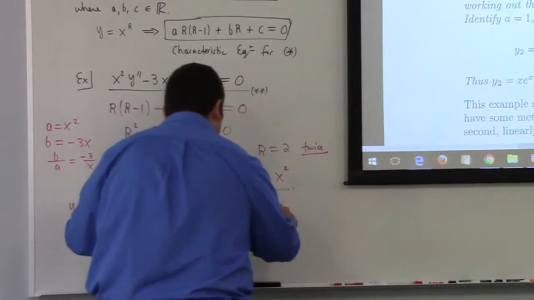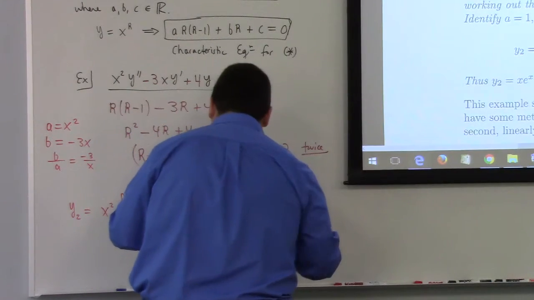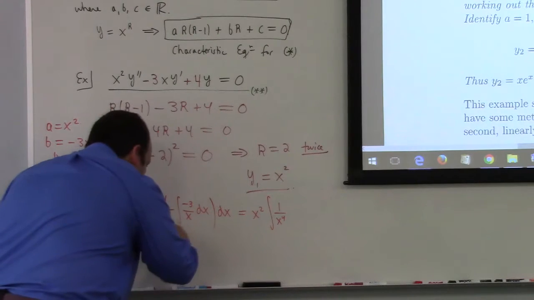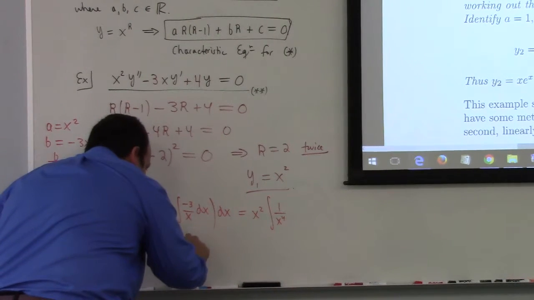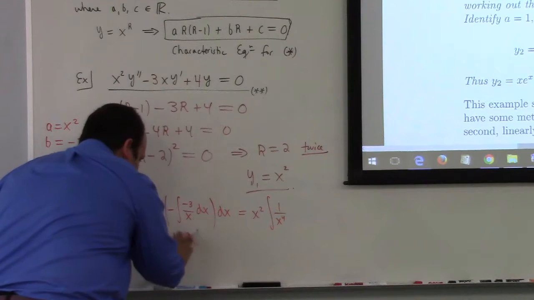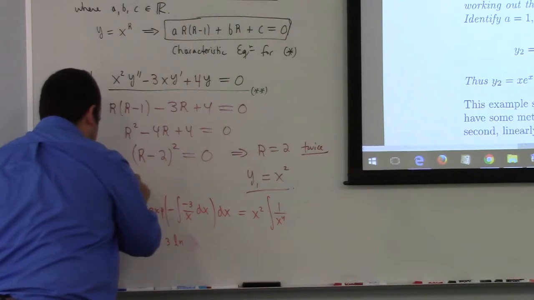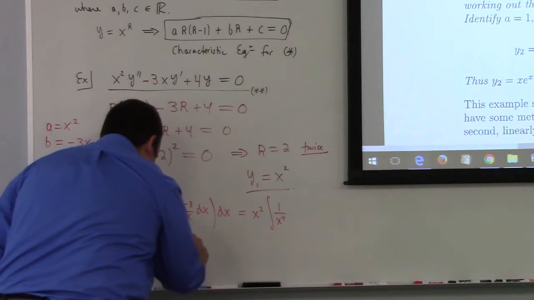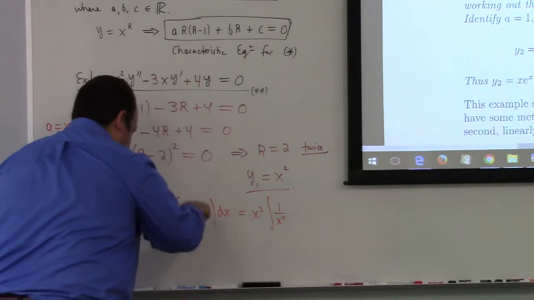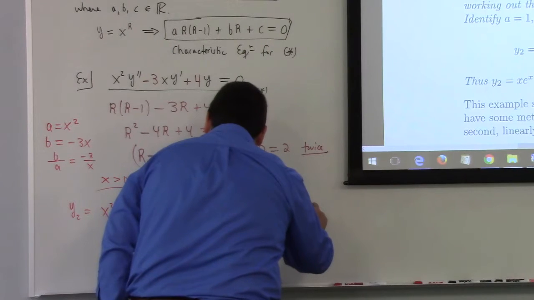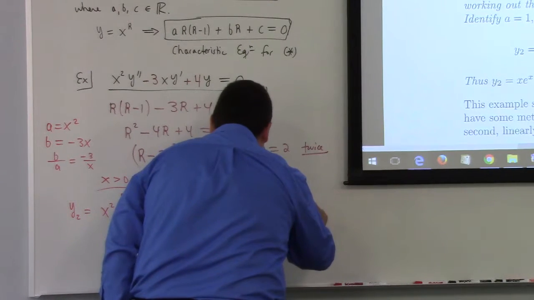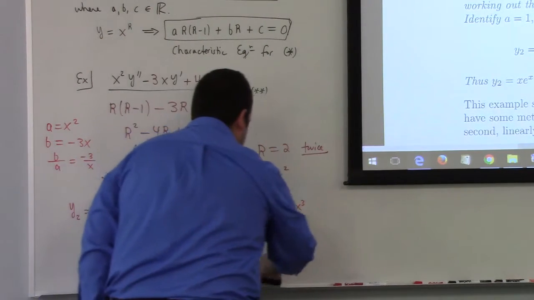So what is this? We have 1 over x to the 4th. This thing integrates to 3 times the natural log of the absolute value of x. Let's suppose that x is positive here again, to keep absolute values out of the picture. And so this is really e to the, it looks to me like, just x cubed.